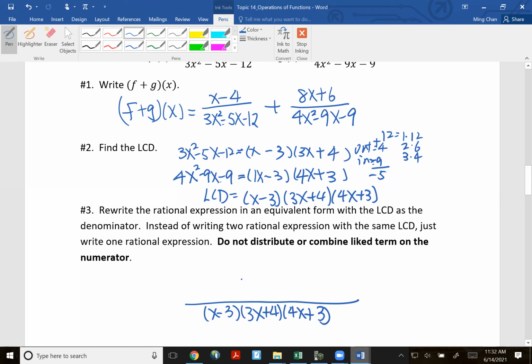So when we do this part, we are basically saying my first denominator will go into the LCD so many times, and so my numerator will increase by so many times. Instead of saying it like that, we just say, okay, what does the LCD have that the first denominator does not have? The first denominator compared to LCD is missing 4x plus 3. So we take that 4x plus 3 times your numerator, because that tells me that the original first denominator will go into the LCD 4x plus 3 times.